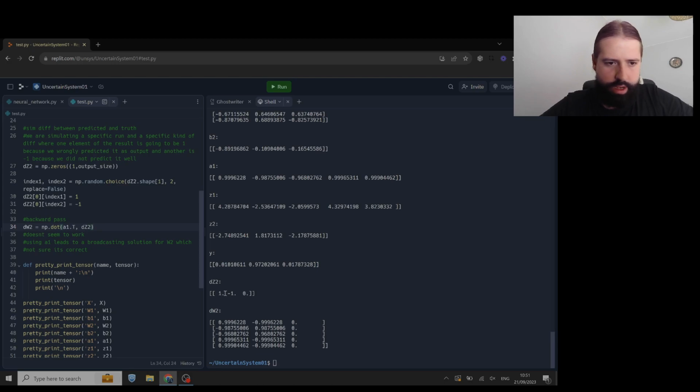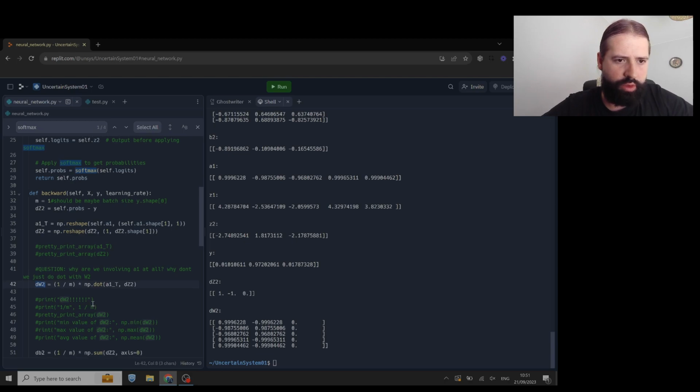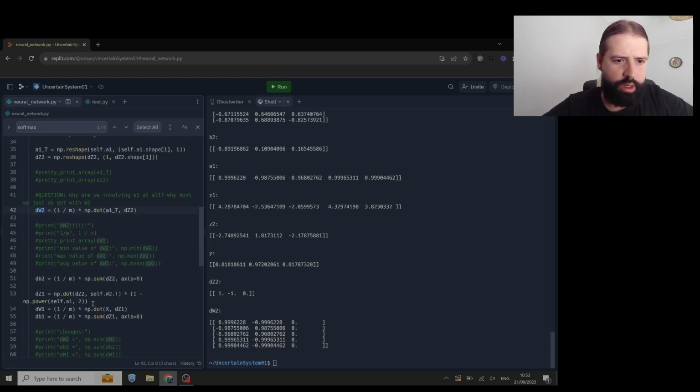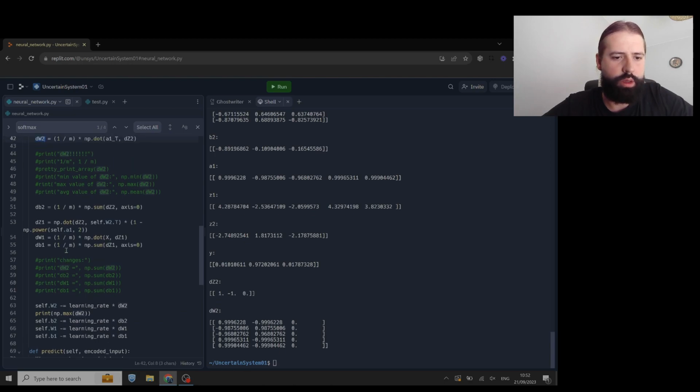Because if I have these at 2, let's take a look at DW2. So what do we use DW2 for? DW2 is something that we're going to use directly to adapt W2, right? Because that's what we ultimately want to do. We want to adapt W2, W1, B1. Okay, exactly.